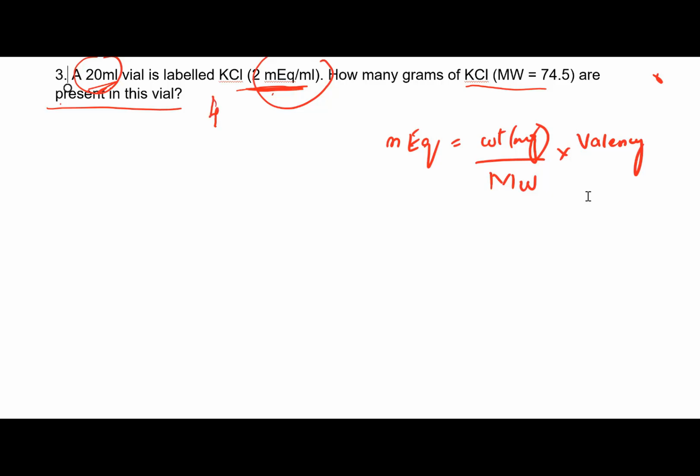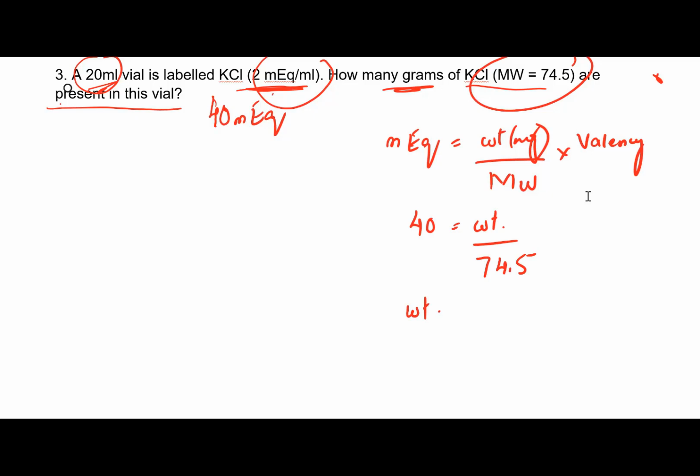40. 40? Is that right, everybody? 40 milliequivalent present in the vial. And I have to find out how many milligrams. Molecular weight is given here. So milliequivalent 40, weight I have to find out. Molecular weight given 74.5.